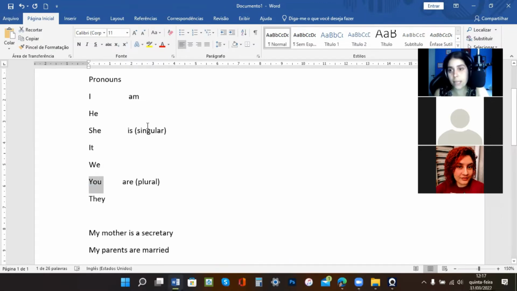O you também é singular, ele também é você, ele não é só vocês. Porém, a gente sempre vai usar o are, não importa se é singular ou se é plural, é sempre you are. Você é, você está, vocês são, vocês estão. But these are the only two exceptions. São as únicas exceções. De resto, singular is, plural are.